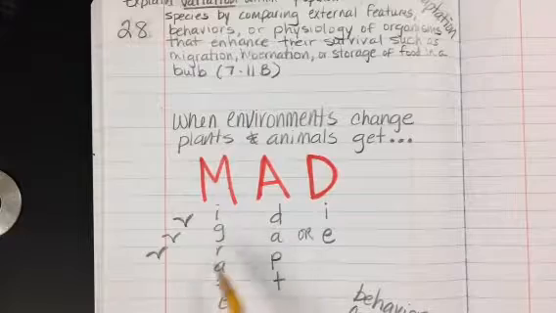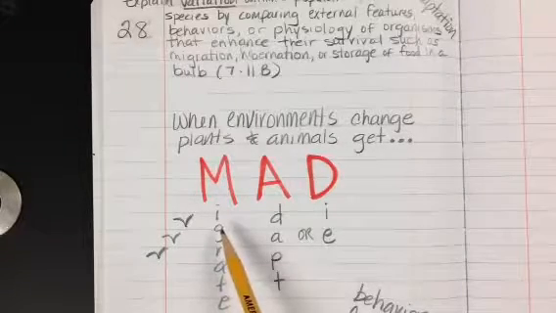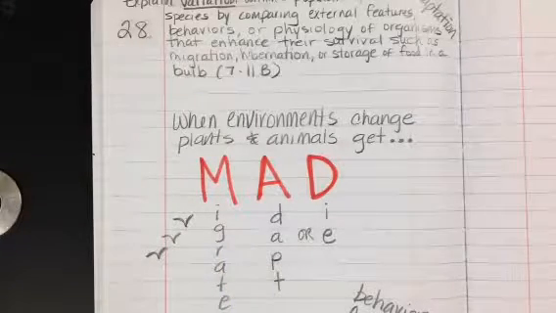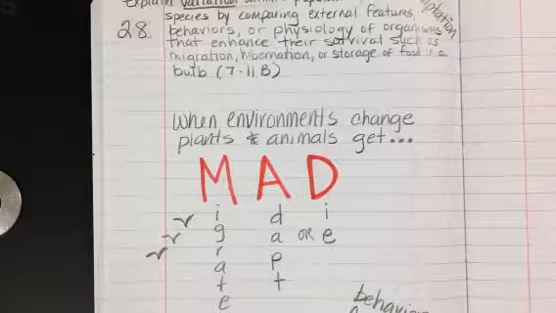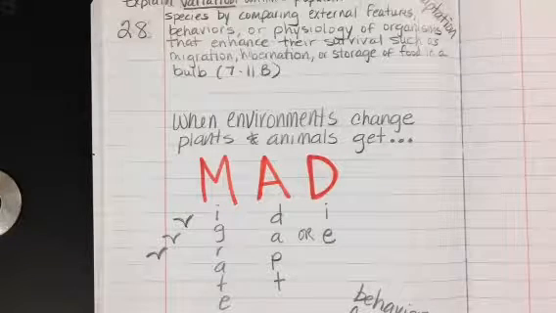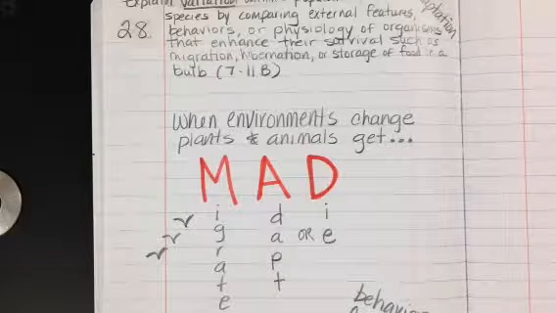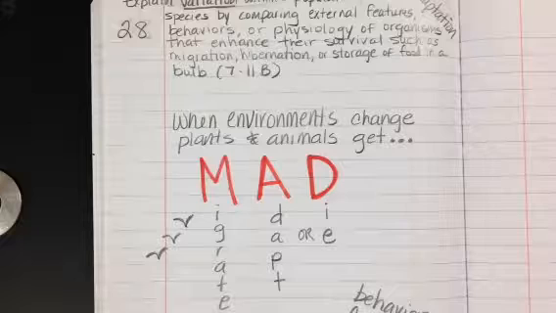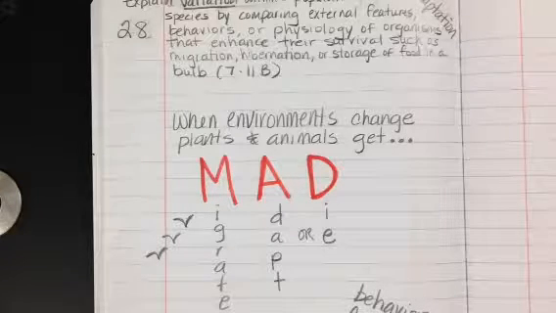Okay? They're going to migrate. They have that option of migrating, and migrating means that they're moving from one area to another. Okay, so they're going to leave their area in search of a new area with the conditions, with the food, with the habitat that they are looking for.